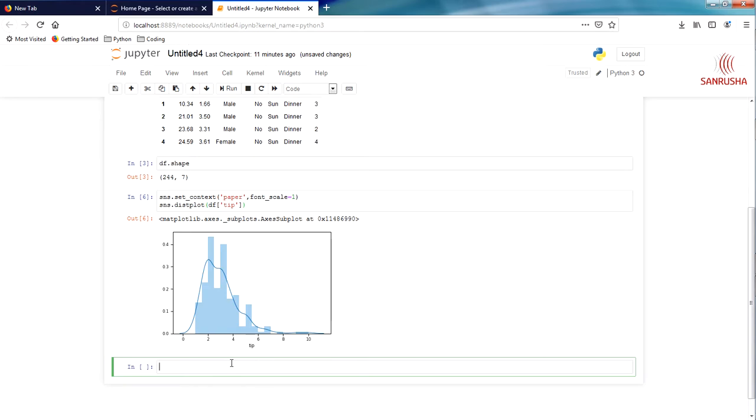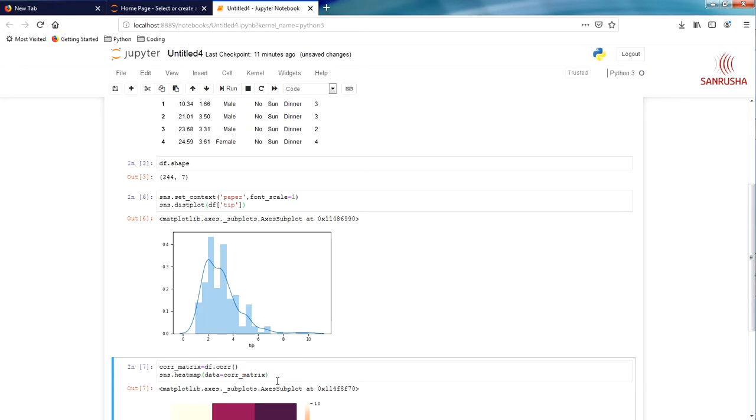And the command for that is corr_matrix equals df.corr, and next we are going to create a heat map on this correlation matrix. Okay, heatmap corr_matrix, and that's it. So this is the heat map.